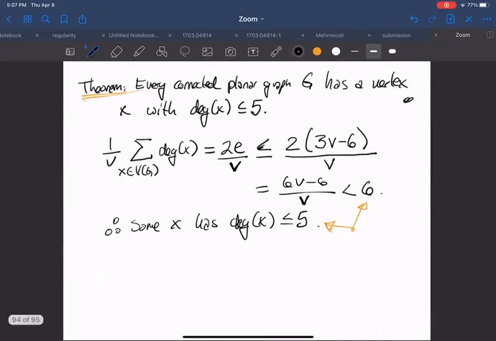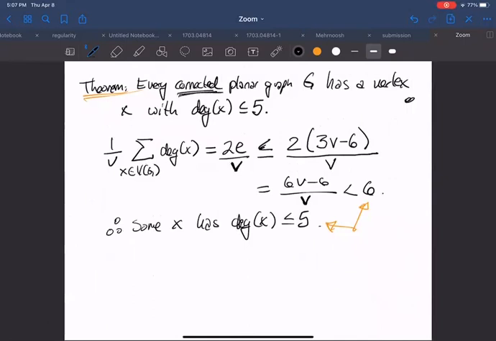Okay, so there's this word connected here. We could actually drop that if you think about it for a little bit. If you have a planar graph that's not connected, then really it is made up of disjoint planar graphs that are connected. And actually, each one of those will have to have a vertex of degree less than or equal to 5. So that's fine.